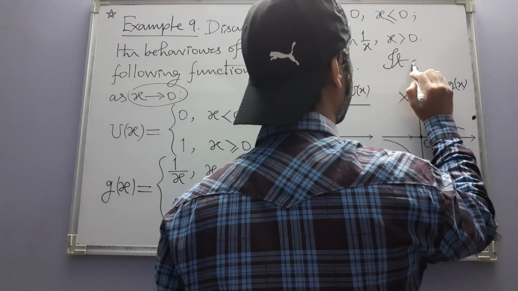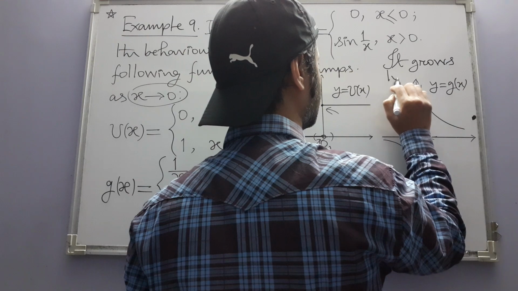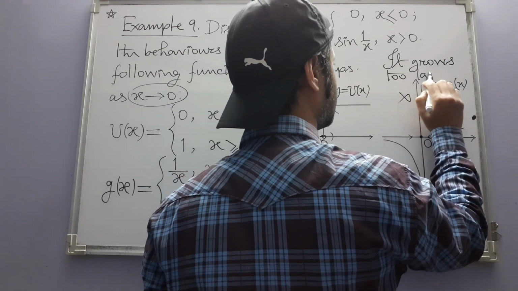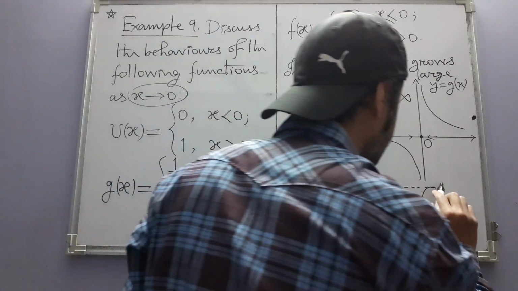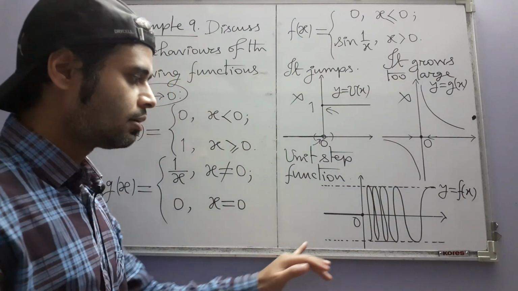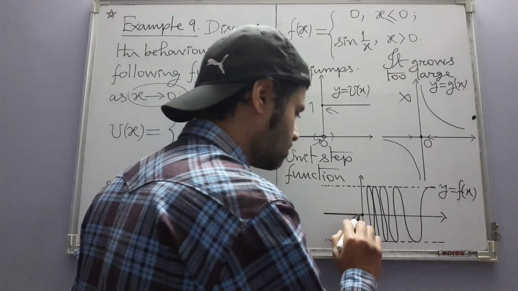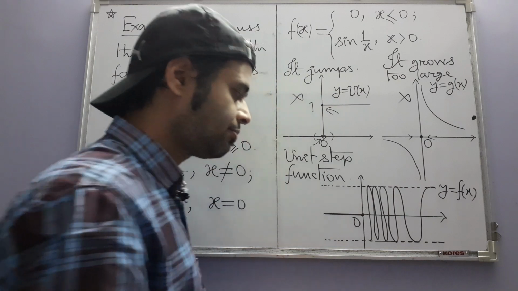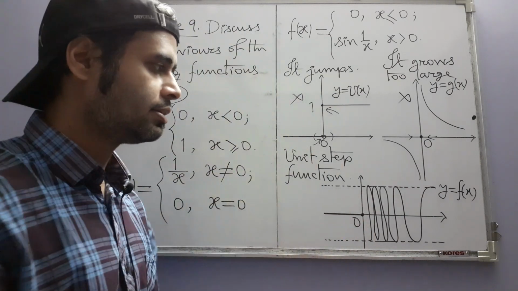That's what the authors have written. What is the problem here? And this is the graph of y equal to f of x. Here to the left of the origin, of course, you can say the left hand limit is 0, because it's just constantly 0.